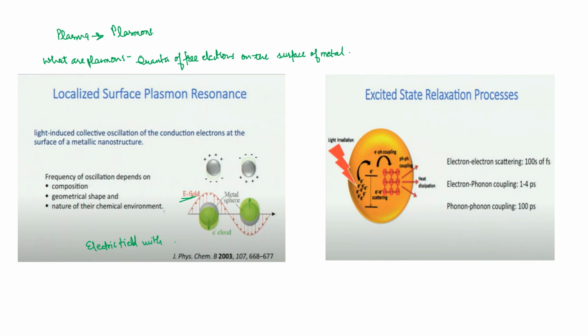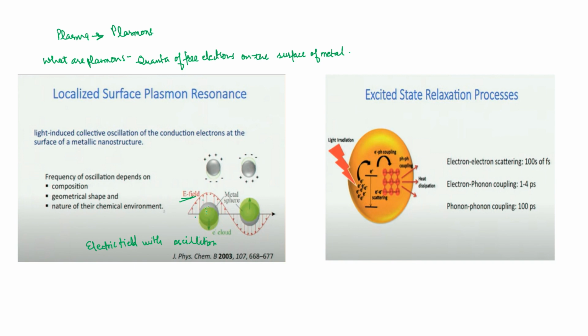Now, this gray one is called the metal surface. Suppose the electron cloud is on this side, the electric field is generated to that side, while the other way on this side. So basically, this electric field is the oscillating one.